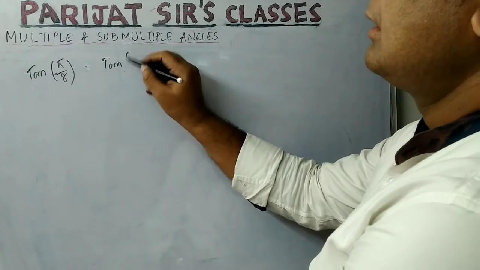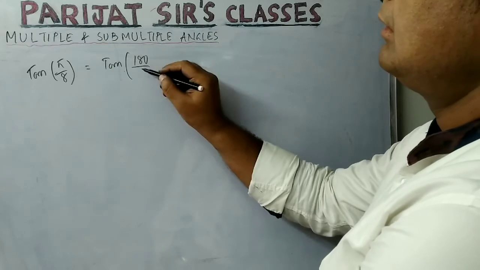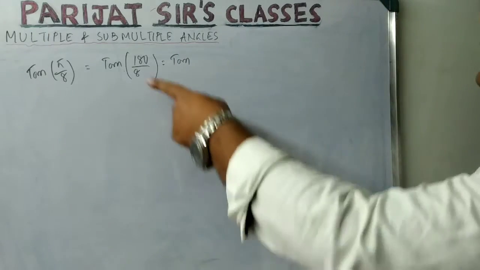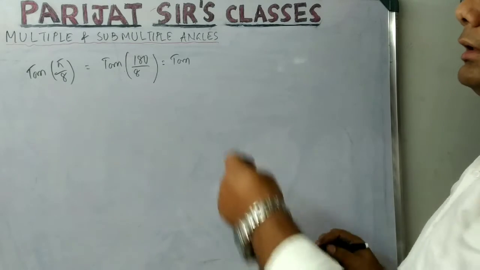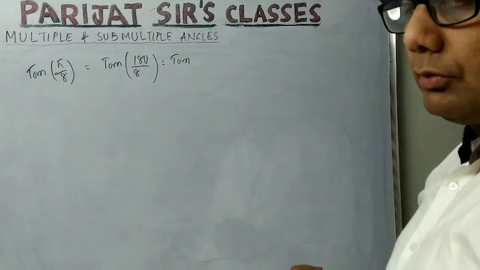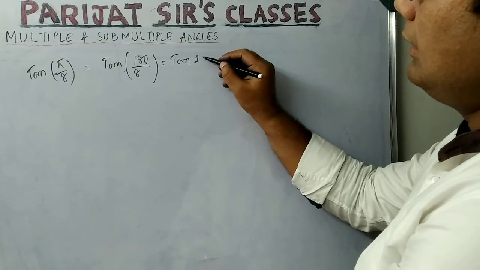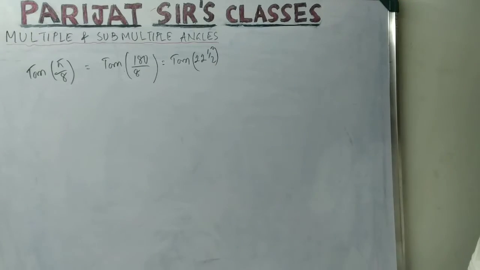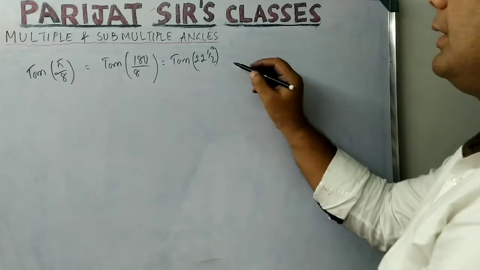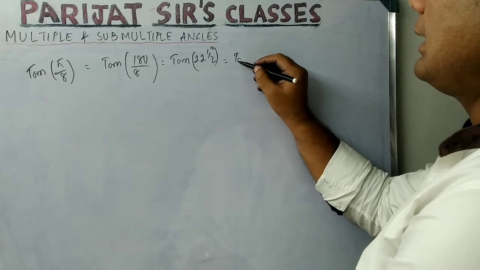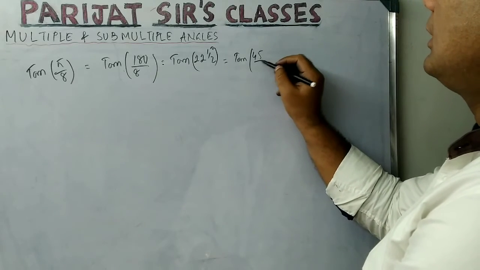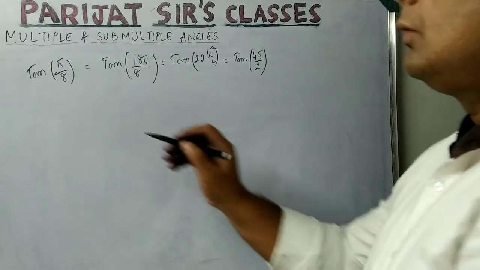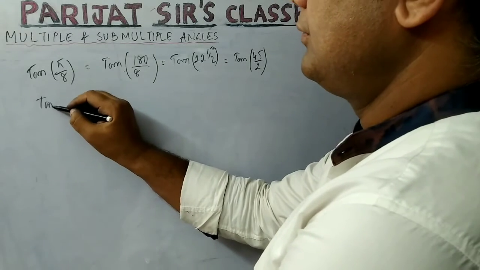It is 180 by 8, which comes out to be 22.5 degree. Pi by 8 will be 22.5 degree. So this is actually tan 45 by 2. Now what is tan 45?